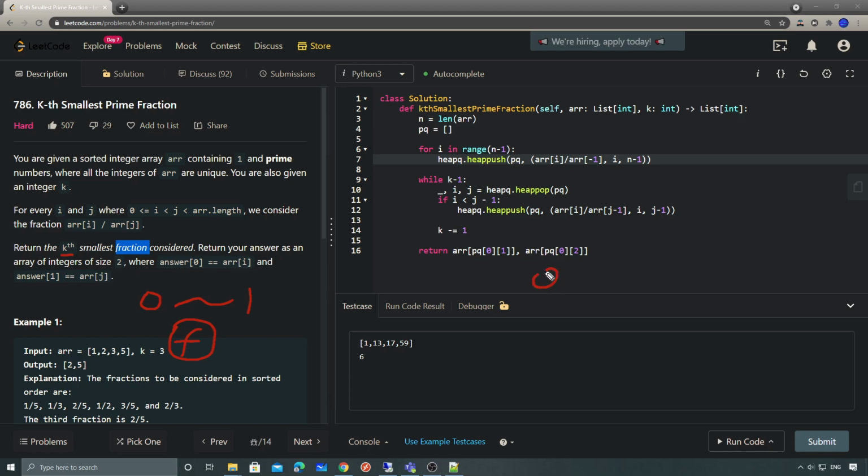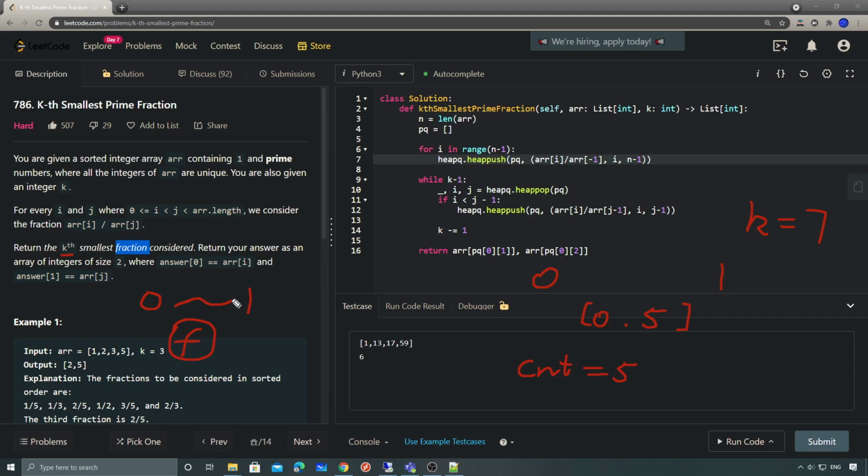So let's say, for example, from 0 to 1, at the beginning we have 0.5, and let's say k is equal to 7. After our calculation, let's say the count is equal to 5, which means there are 5 pairs whose fraction is smaller than 0.5.